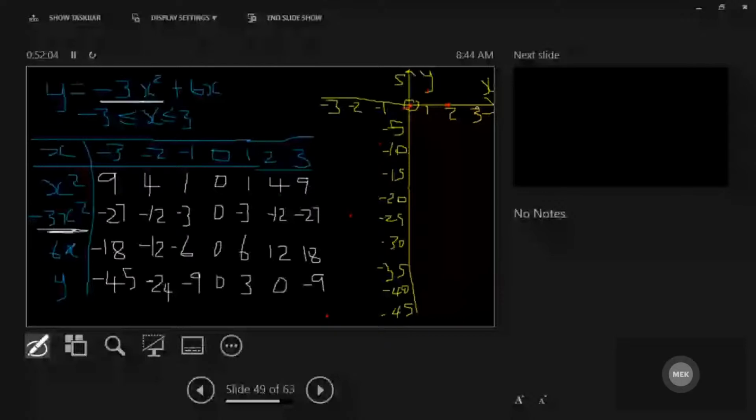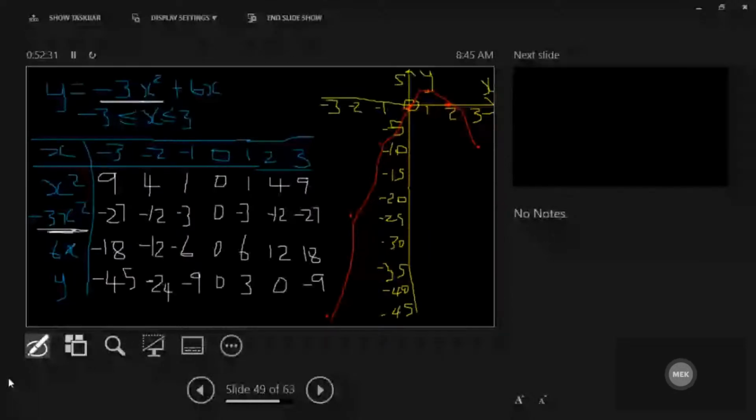And it's a quadratic, so we're not going to use any ruler. We're taking our free hand and connecting. And yours will not look lumpy like mine.